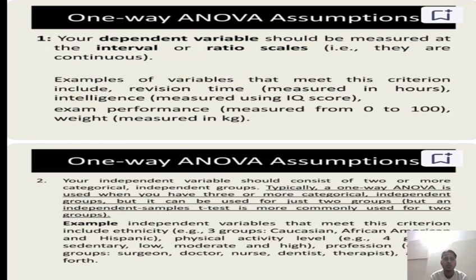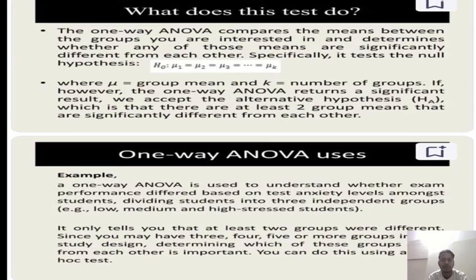Your dependent variable should be measured at the interval or ratio scales. They are continuous. Examples of variables that meet the criterion include revision time measured in hours, intelligence measured using IQ, exam performance measured from 0 to 100, weight measured in kg. What does this test do? The one-way ANOVA compares the means between the groups you are interested in and determines whether any of these means are significantly different from each other.